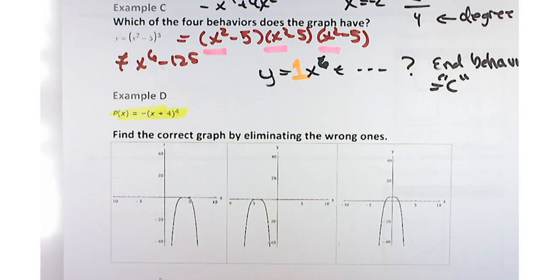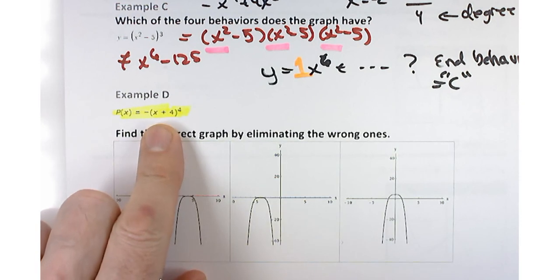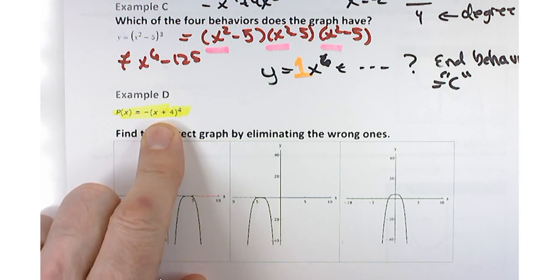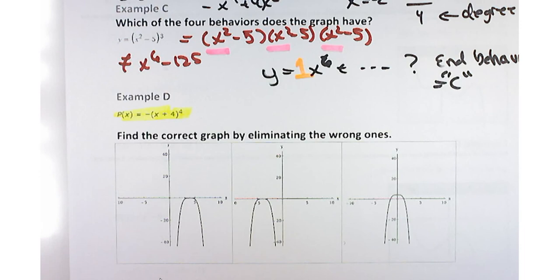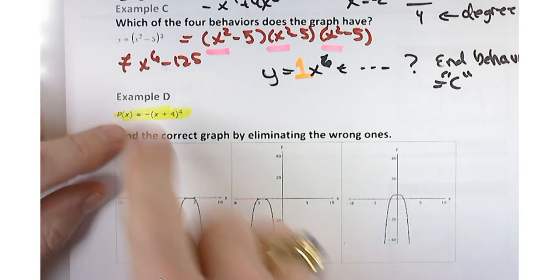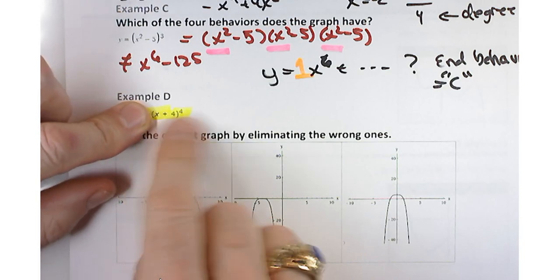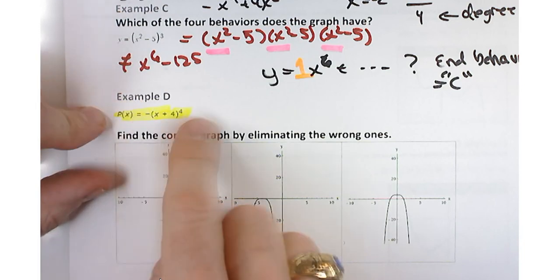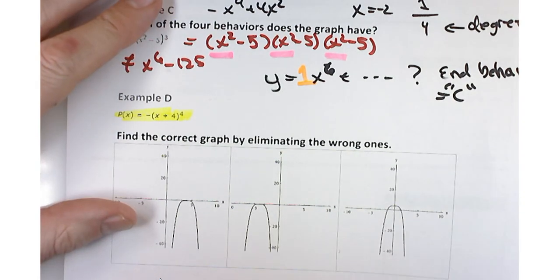What end behavior do you expect on this one? Annie, maybe you can help me out. What degree polynomial would this be if I multiplied it all out? 4. Yeah, it'd be degree 4. And what's the leading coefficient going to be? Positive or negative? Negative. Because you do the multiplying out first, you'll get an x to the 4th term, and then you'll distribute the negative. So good job.